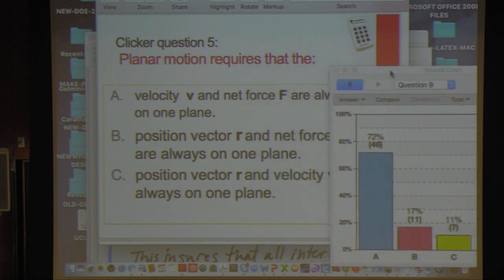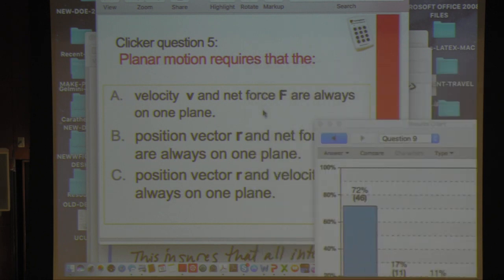So we now know that the net force gives you the acceleration. Before, you answered this question several times with the acceleration. Planar motion requires that the velocity and the acceleration are always in the same plane. Now I'm replacing acceleration by the net force.